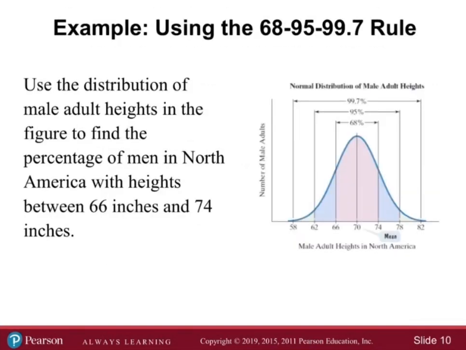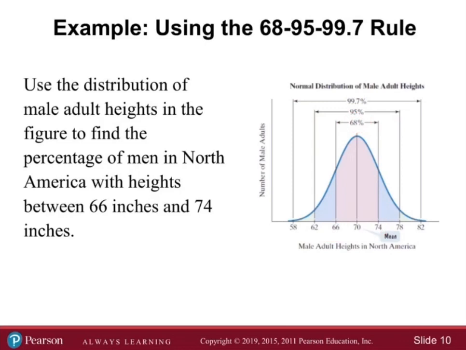Then use the distribution of male adult heights in the figure to find the percentage of men in North America with heights between 66 and 74. So, okay, right here, 66 is here, 74 is here. That means 68%. To find the percentage of men whose heights are 66 to 74: 68%.